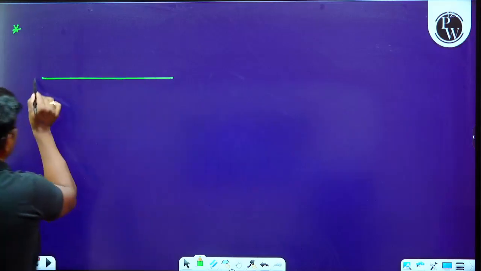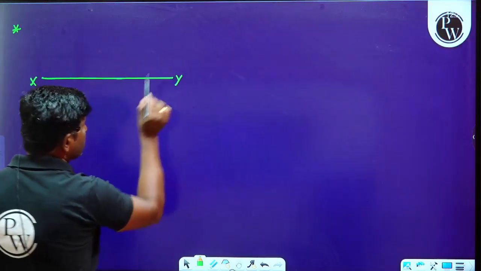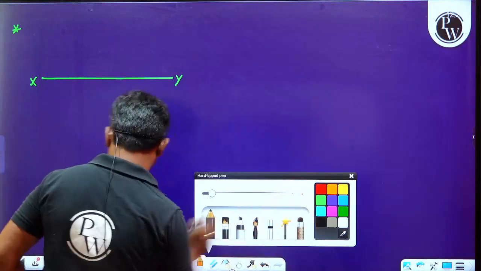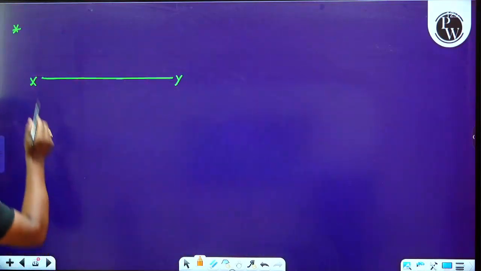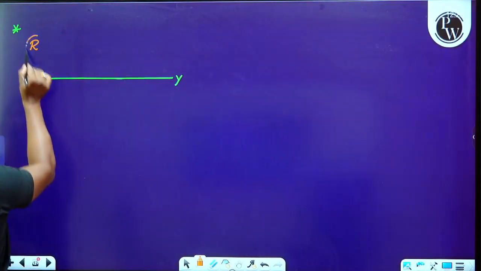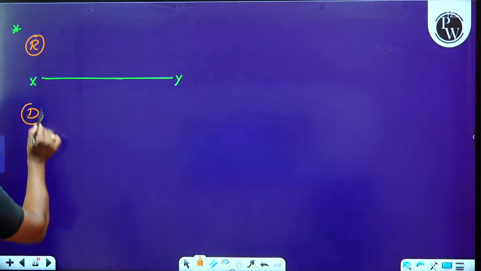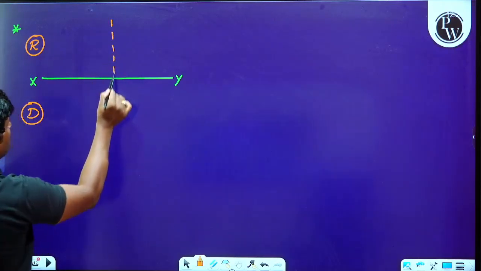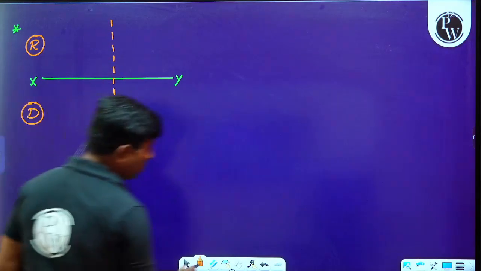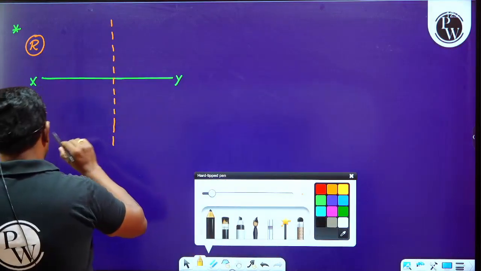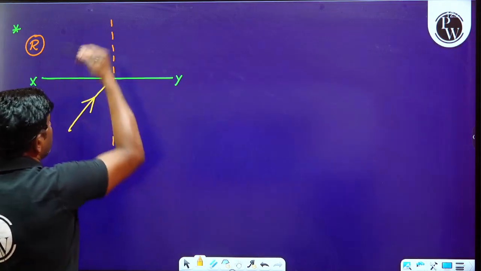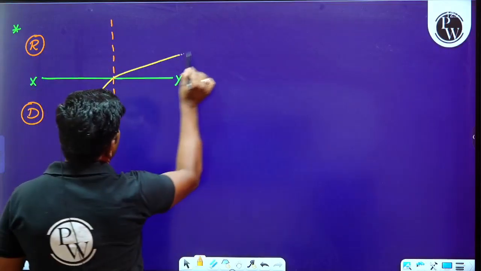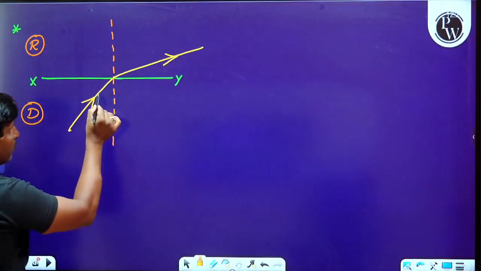Let us consider xy is the refracting surface which separates the two media. Let us say this is the rarer medium and this is the denser medium. Let us say this is a normal drawn to the surface. Whenever a light ray travels from denser medium to rarer medium, it bends away from the normal.